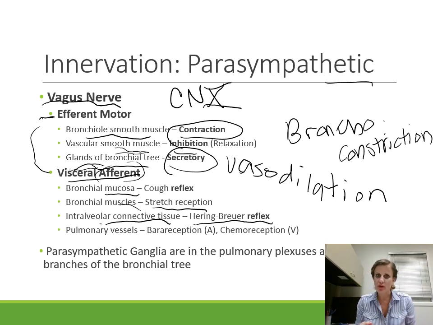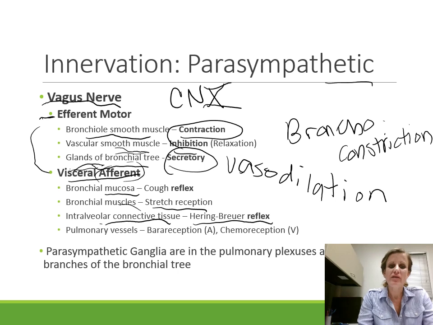The Hering-Breuer reflex helps to limit overstretching of the rib cage, right? If we overstretch the rib cage, we're bringing in more air, we're going to overstretch our lungs and the alveoli, and again, that damages the tissue. So when we're inhaling deep, big inhalations, we don't want to overstretch and damage our tissues. So we limit that by triggering these reflexes via the vagus nerve.